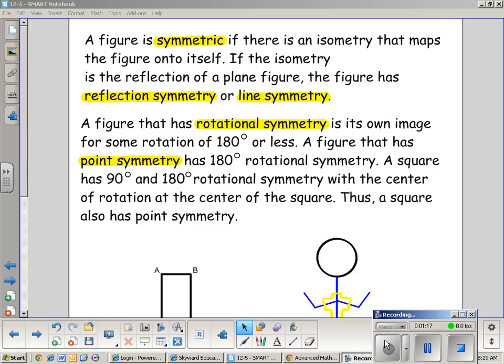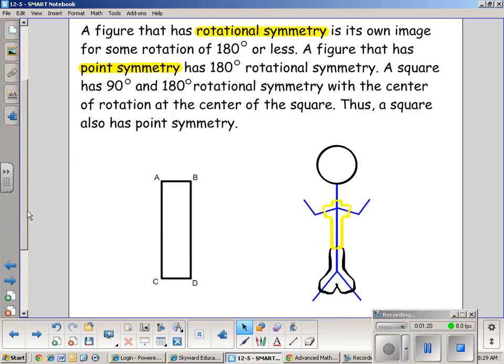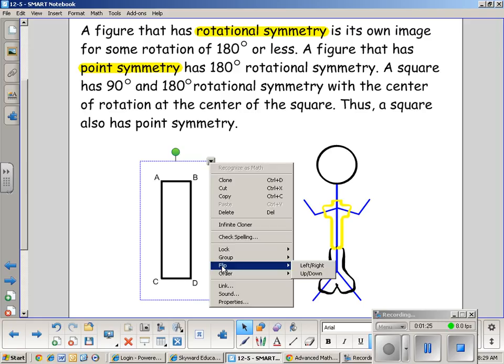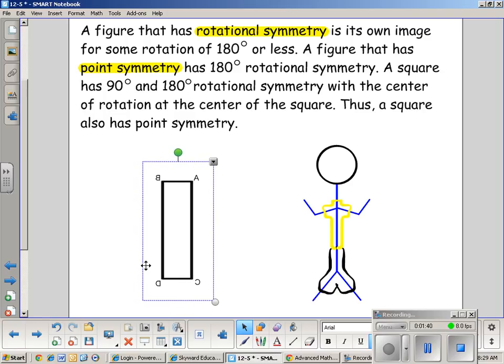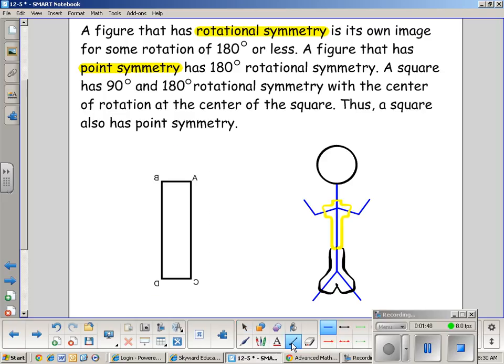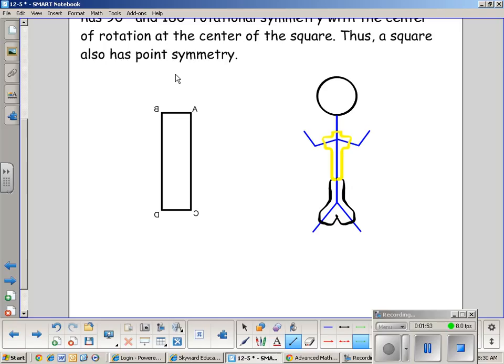Reflection symmetry would be like this one here. If I can flip this left and right and end up right on top of it. See what I'm saying? It's still right on top of there, isn't it? Then it has a line of symmetry there, and that line is right down here.